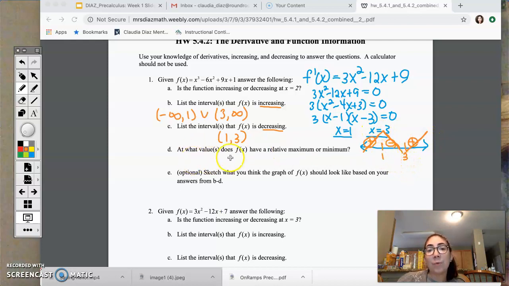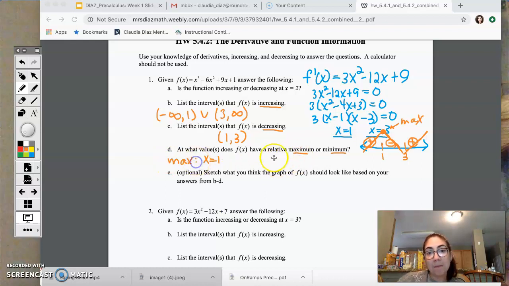Then it asks, at what values does f of x have a relative maximum or minimum? Notice when it's going from increasing to decreasing, that creates a maximum. Careful, it looks like I'm pointing to the number 3, but I'm pointing to this point, which is at x equals 1. That's where the maximum is.